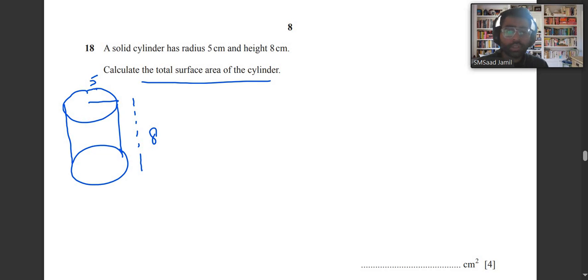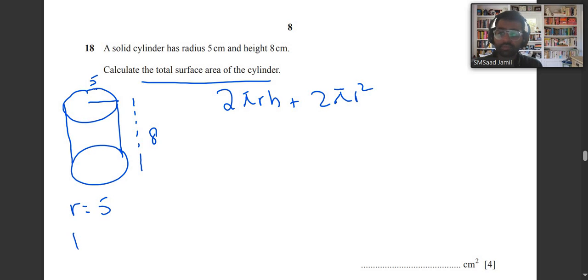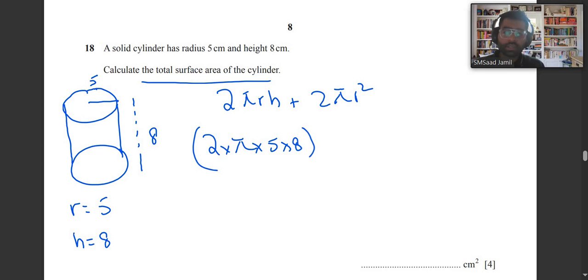Look, the total surface area is 2 pi r h plus 2 pi r square. So r is 5, h is 8. So 2 multiplied by pi multiplied by 5 multiplied by 8 plus 2 multiplied by pi multiplied by 5 square.